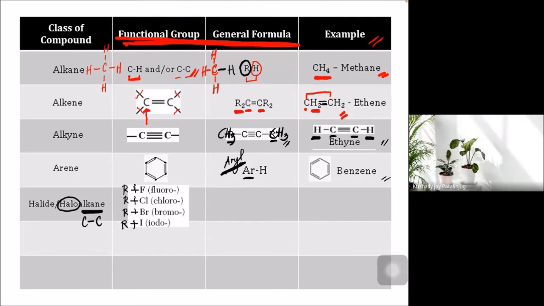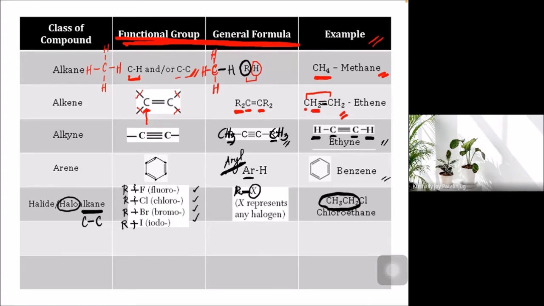Okay, so this would be the general formula. So itong capital X dyan, that could be any halogen. It could be fluorine, chlorine, bromine, iodine, then directly attached to any alkyl group. So halimbawa, the alkyl group here, directly attached to a carbon is, what is a 2-carbon straight chain alkyl group? What do you think is that?